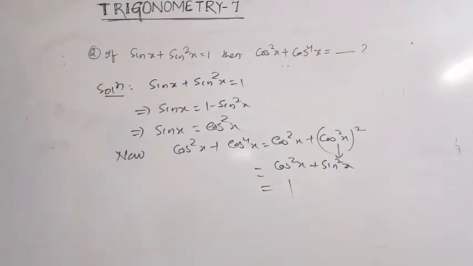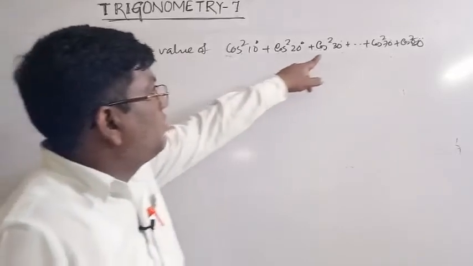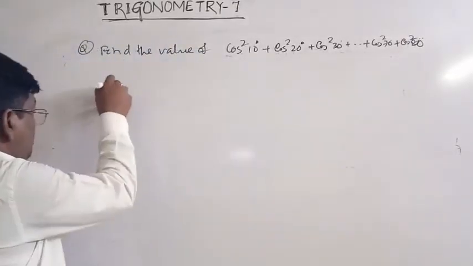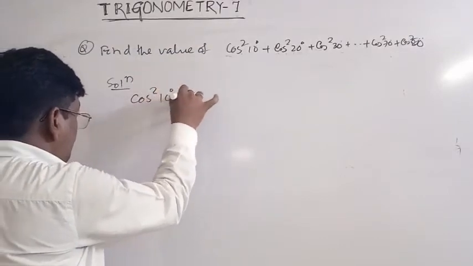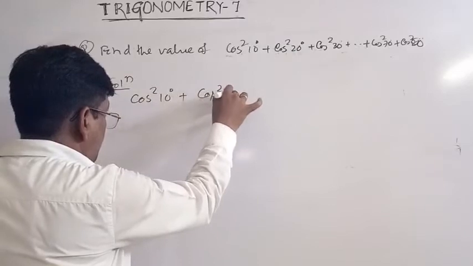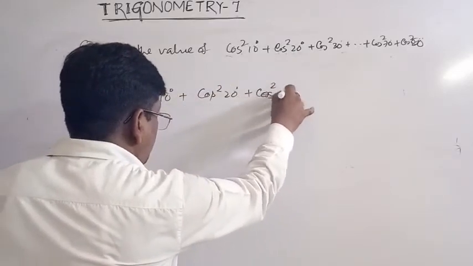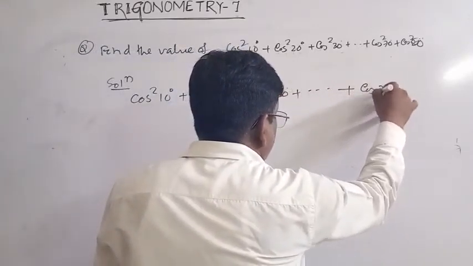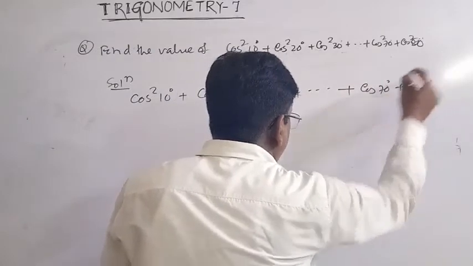Okay, now another question. Find the value of cos square 10 plus cos square 20 plus cos square 30 up to cos square 80. So the solution is: cos square 10 degree plus cos square 20 degree plus cos square 30 degree plus dot dot up to cos square 70 degree plus cos square 80 degree.